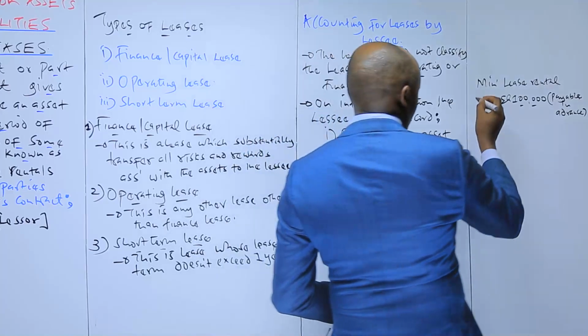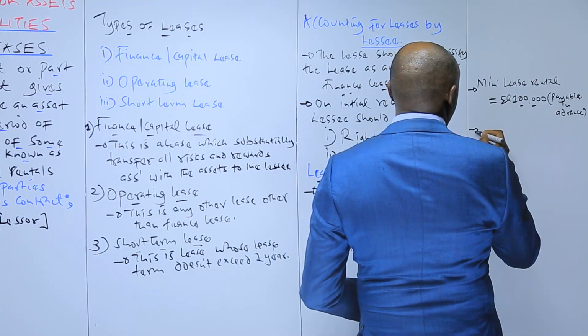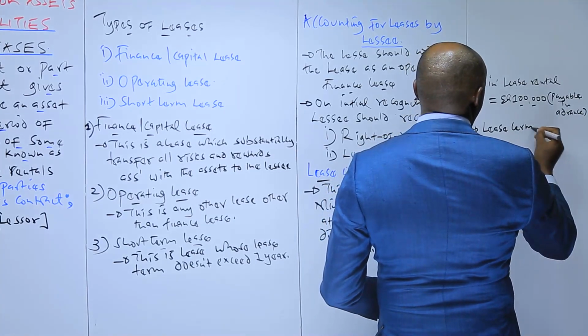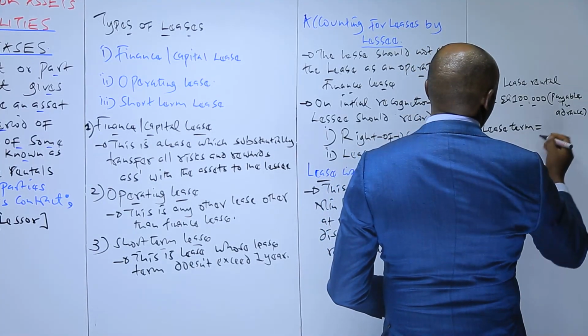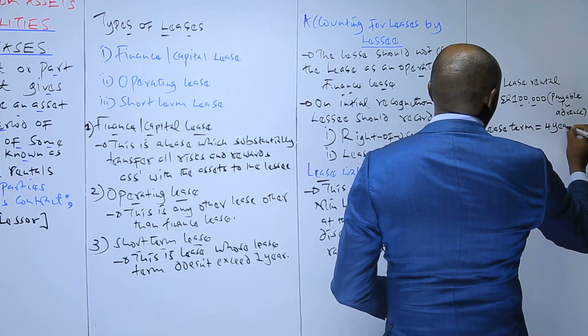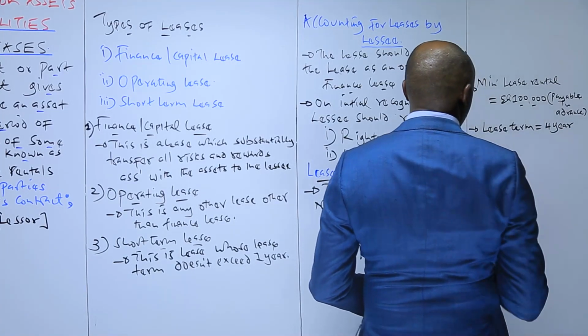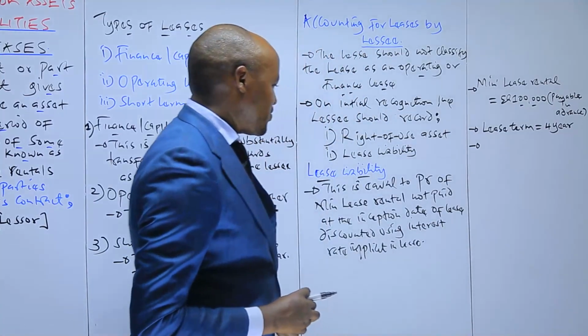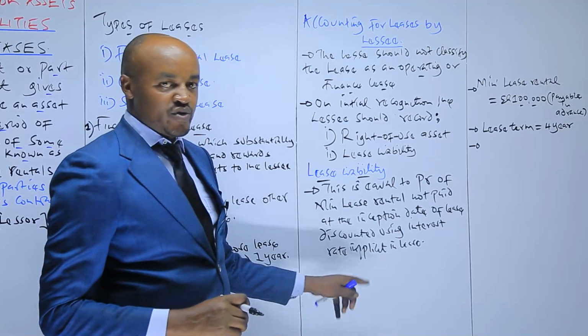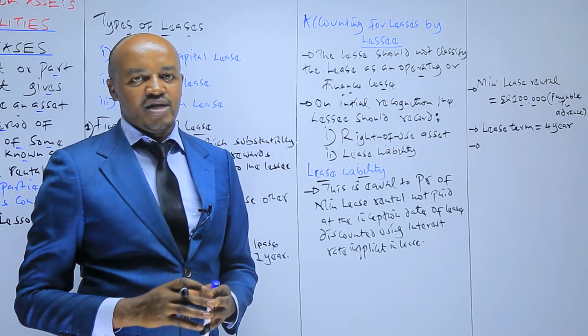Also we are told the lease term, which is the period of the lease. The lease term is 4 years. In this case, the examiner will have given you the interest rate implicit in the lease.